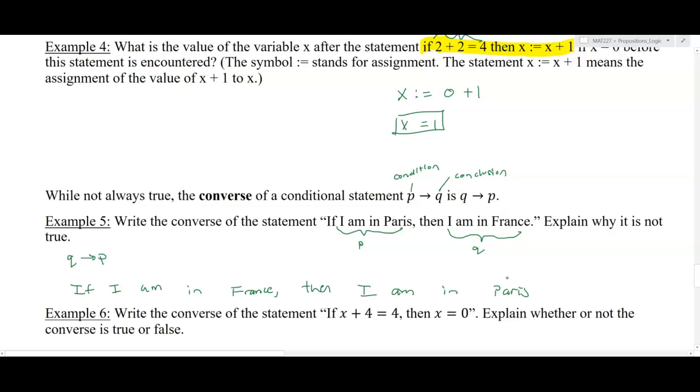I could be in France, but in a different city, so this is going to be a false statement. I could be in other places within France. I don't have to be in Paris. But here's a shape of France, just for fun, and Paris is in here. Therefore, if you are in Paris, you know you're in France, but the opposite, or the converse, does not necessarily hold true.